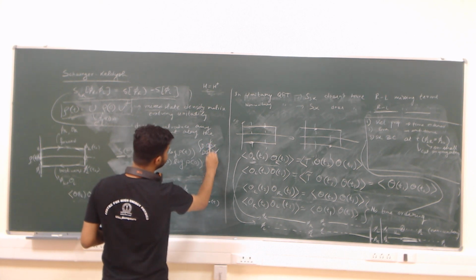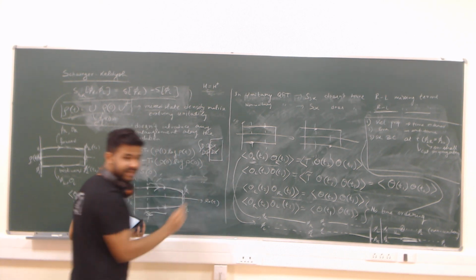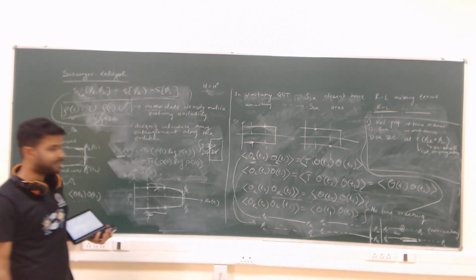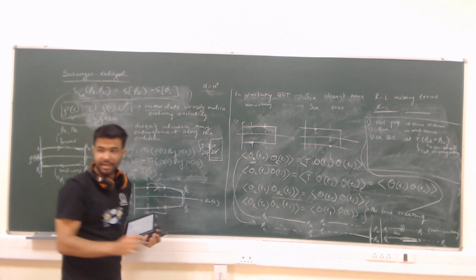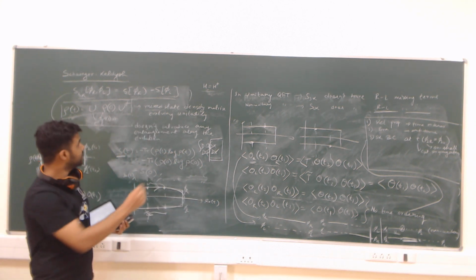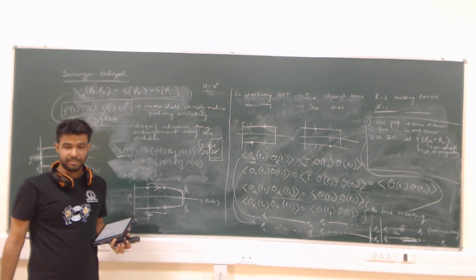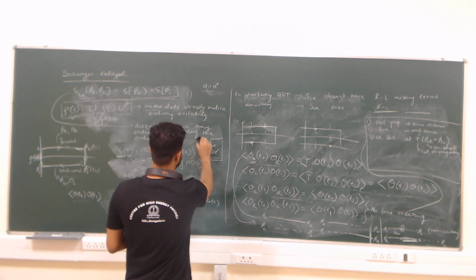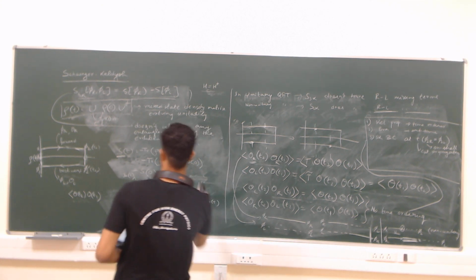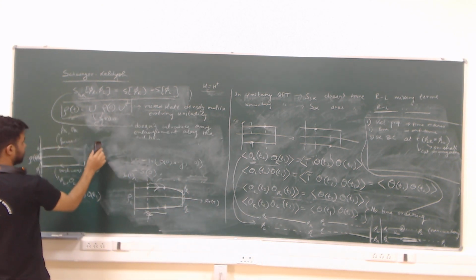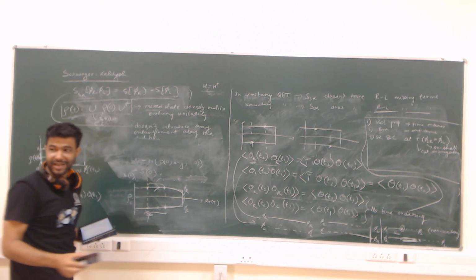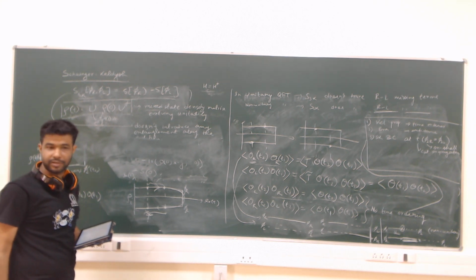Then I integrate this dx prime as my environment. Integrate out this part, and this integration will give rise to a term in the Schwinger-Keldysh action, which will be an RL mixed term, phi R and phi L mixed terms.